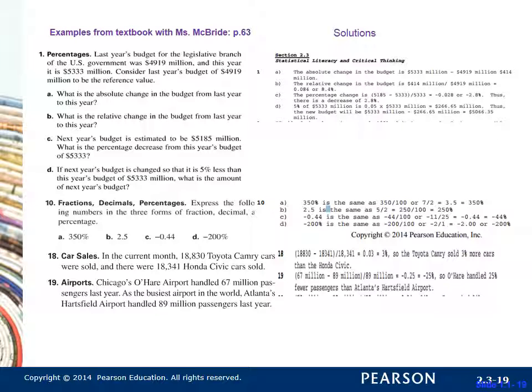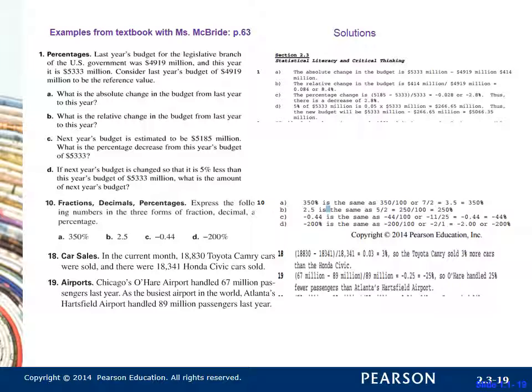All right, so the second value is the reference value, which would be our Honda Civic cars. So we want to take our Toyota Camry and subtract our Honda because we're comparing it to the second value. So we'll do the Toyota minus the Honda and divide it by the Honda. That's going to be our formula. And I always like to write in the words of the actual problem. So remember, we're doing compared minus reference divided by reference.